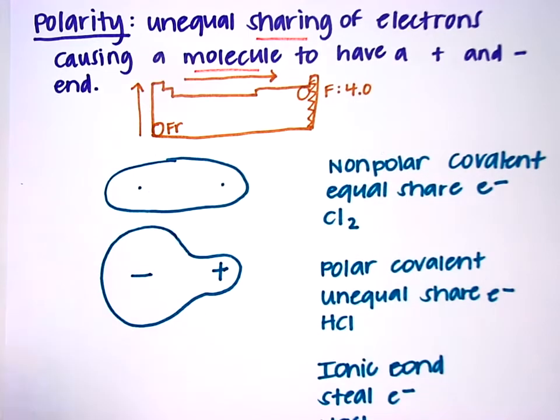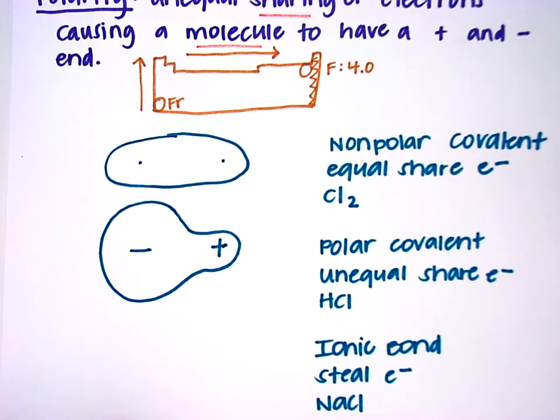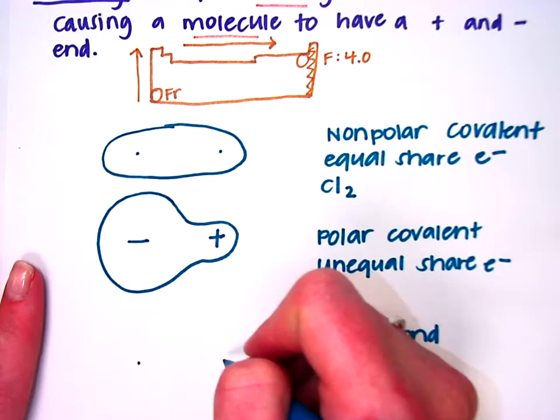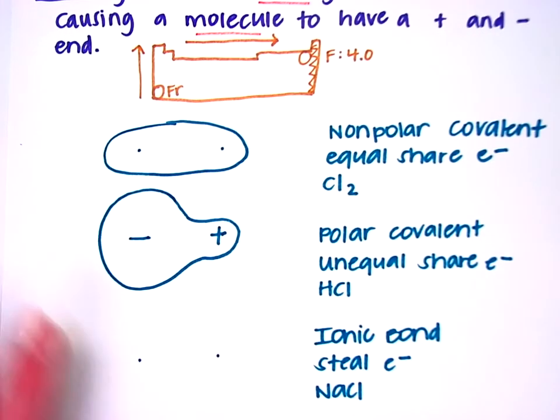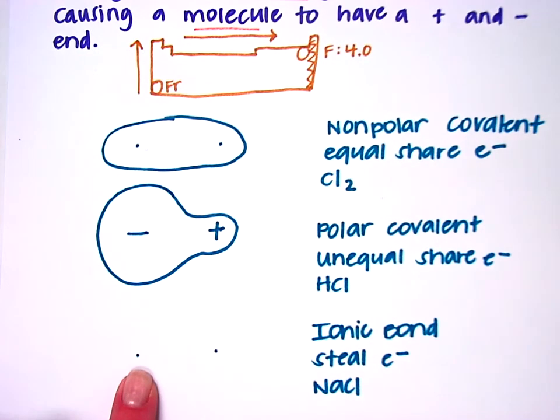Just to tell you the difference between that and an ionic bond, an ionic bond is stealing electrons. Instead of my two atoms sharing, one of my atoms, in this case chlorine, comes up and says, hey sodium, give me your electron. Sodium says okay.